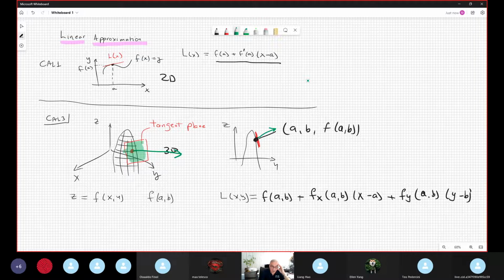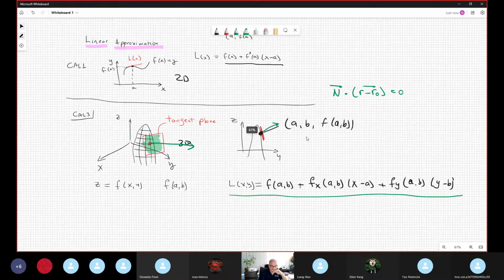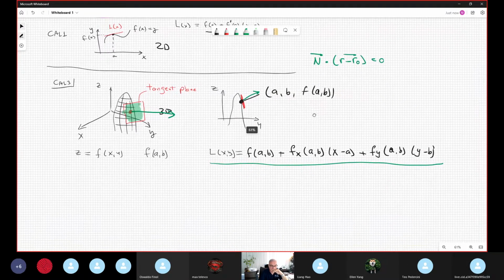And with this information, we use the famous formula: normal vector dot product (r minus r null) equals 0. I want to prove this later, but so far you accept it because this formula is analogous to this formula. Do you see or no? Yeah or no? No?